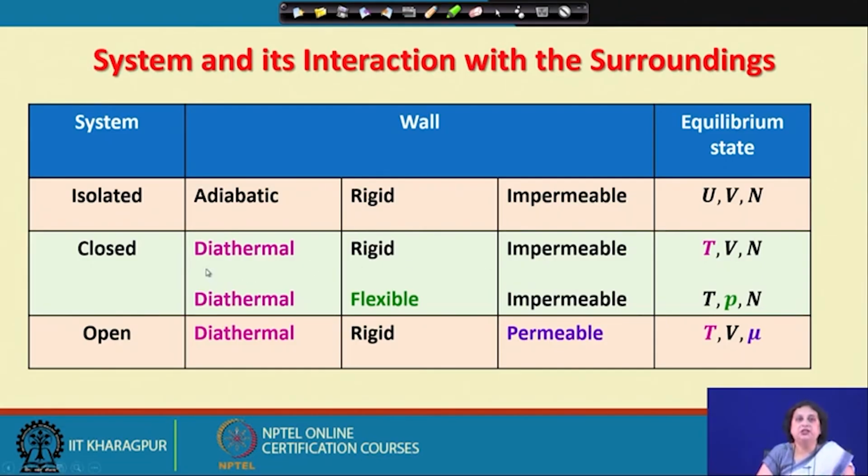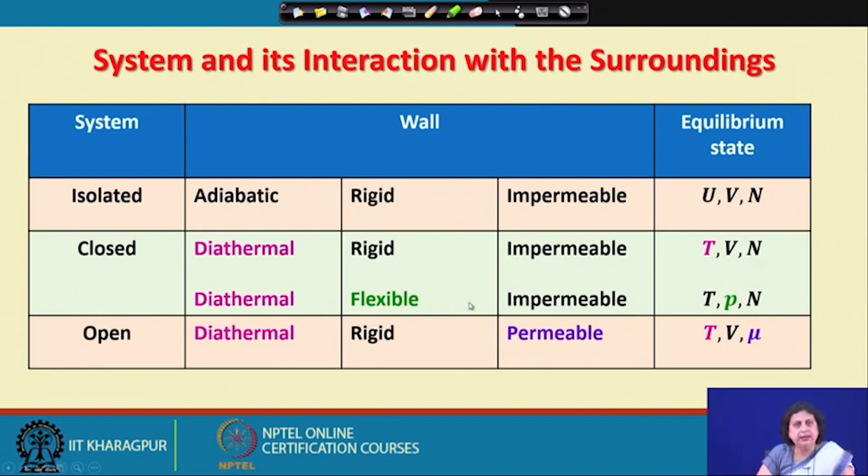Since the system can exchange energy with the surrounding, when the system attains an equilibrium, its temperature is going to be equal to the temperature of the surrounding, and this constant temperature is then a very good descriptor of the equilibrium state instead of its total energy. So, the equilibrium state under such condition will be described in terms of these three variables: T temperature, V volume, and N the number of particles.